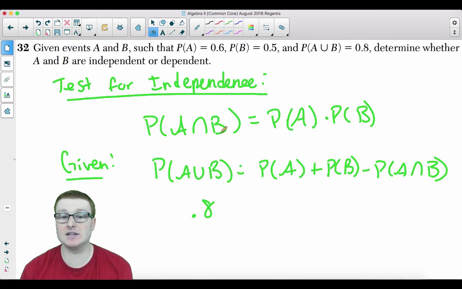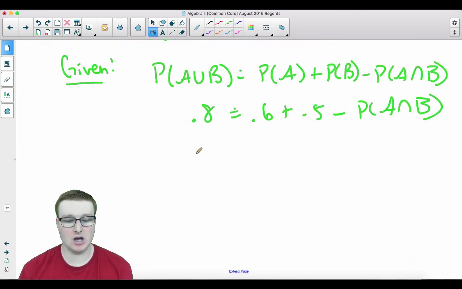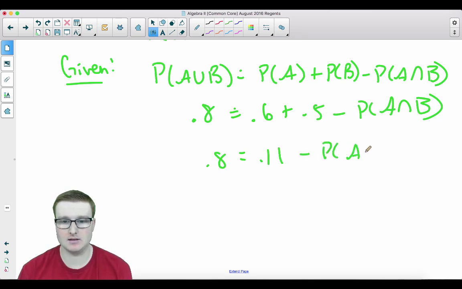The probability of A union B is 0.8. They tell us that in the given information. The probability of A is 0.6. The probability of B is 0.5. We need to figure out the probability of A intersection B. Okay, let's do it. All we need to do is combine like terms. We get 0.8 equals 1.1 minus the probability of A, B. So I'm going to subtract that 1.1.